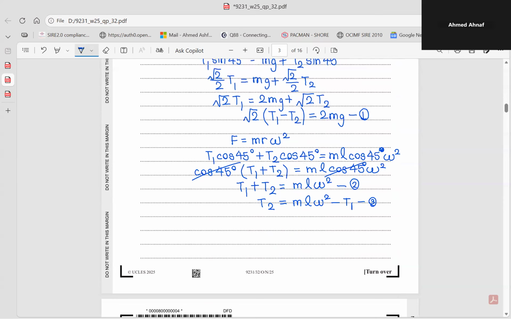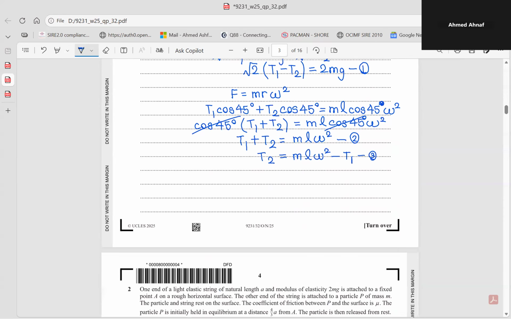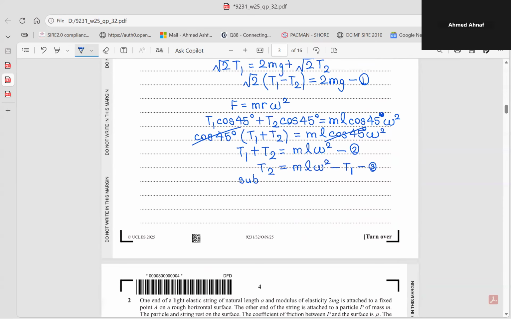This is equation 3. Unfortunately, not much space, so I'm just going to jumble up all the working. We're going to sub 3 into 1, so you get square root 2 T1 minus T2. So that's mL omega squared plus T1 equals 2mg.